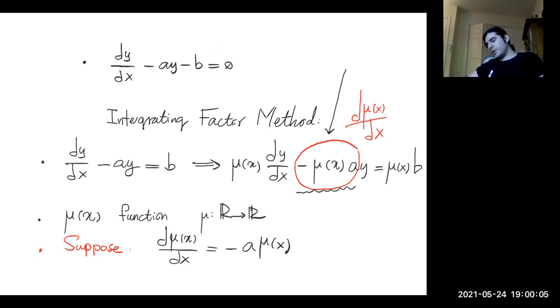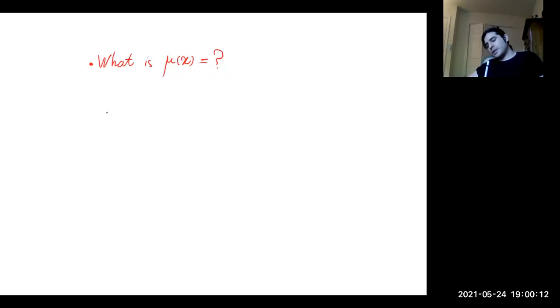So the derivative of mu should be equal to minus a mu. So the equation was the derivative of mu is equal to minus a mu. And again, this is one of those equations which we have seen before. We are familiar with this type of equation.